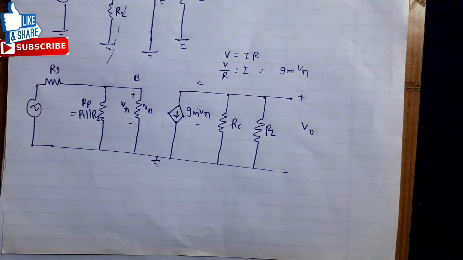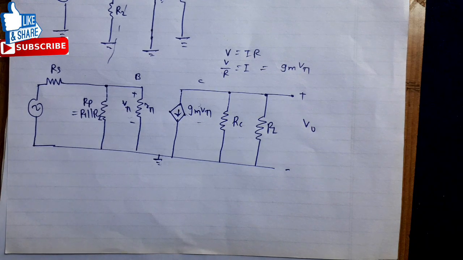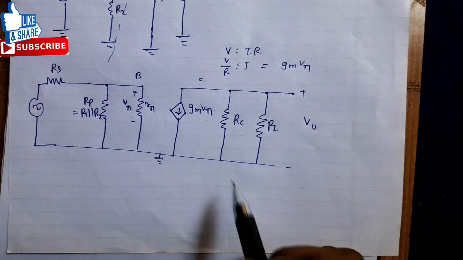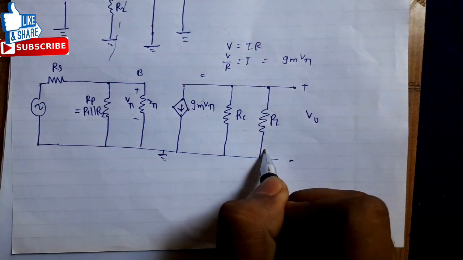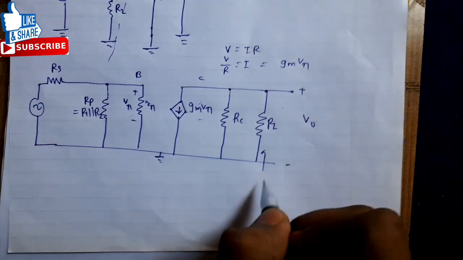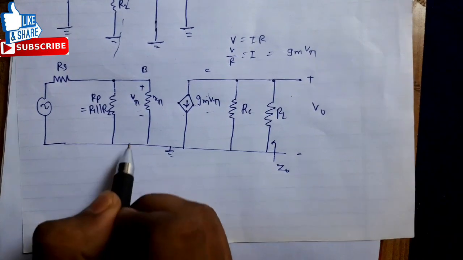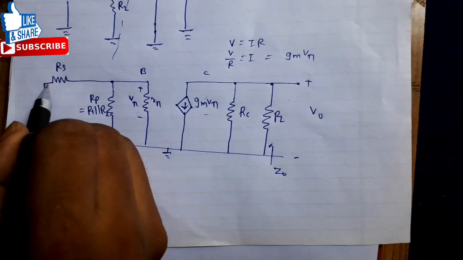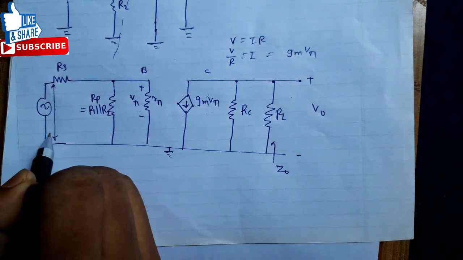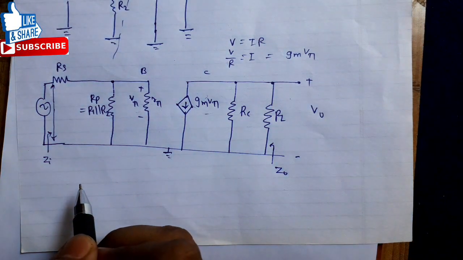So now, why are we doing AC analysis? To find the voltage gain, the output voltage, and the output impedance. Let's say the impedance across this is ZO, that is the output impedance, and the whole impedance across this is Zi, that is the input impedance.